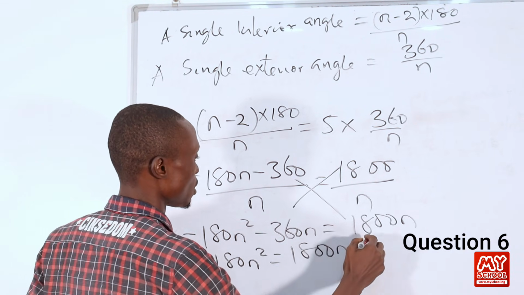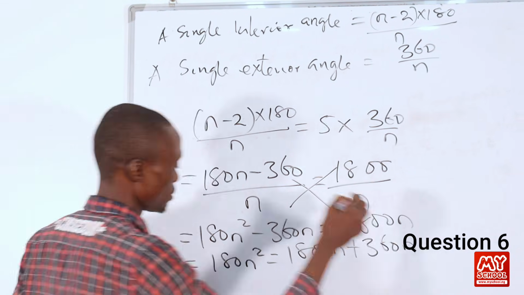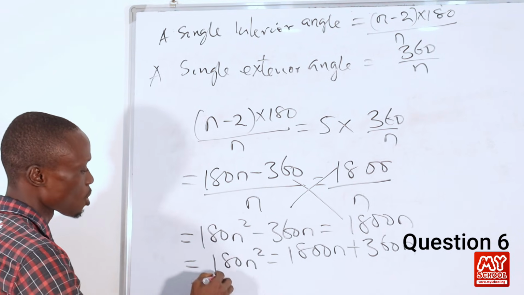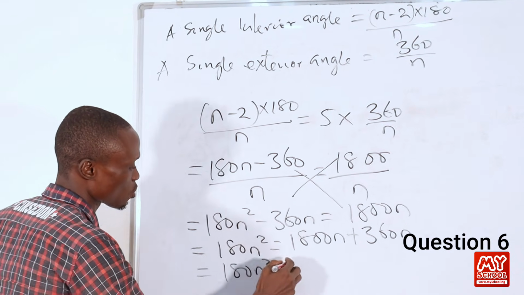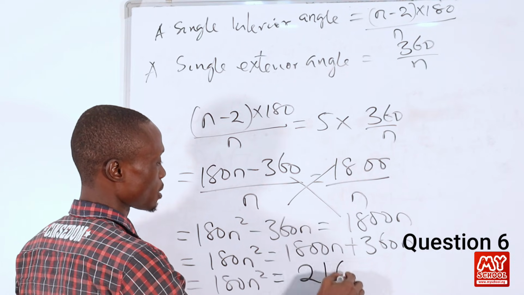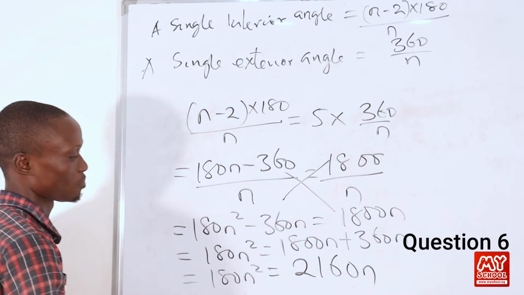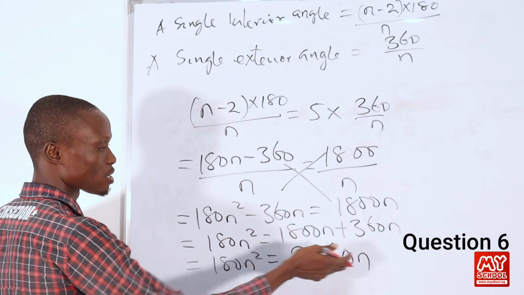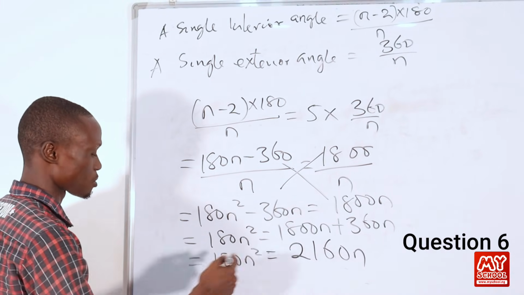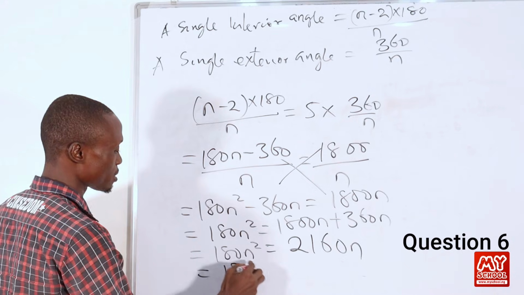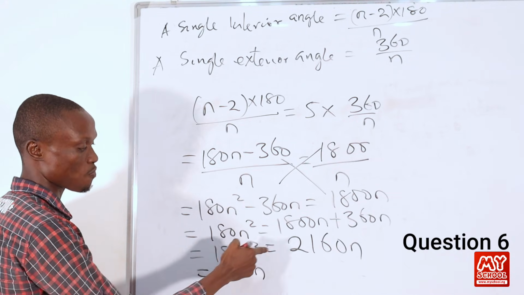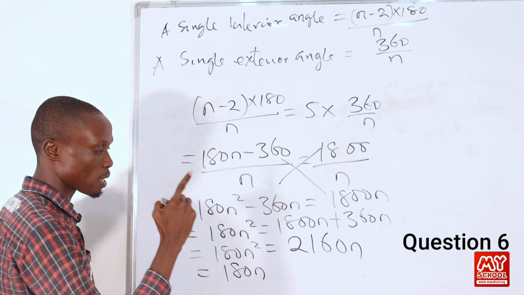1,800n plus 360n. So this finally becomes 180n squared is equal to 2,160n. Since there is n here and another n here, the n can cancel out. So we'll have 180n, because we have n squared here. If I cancel out one n, I still have one n left.